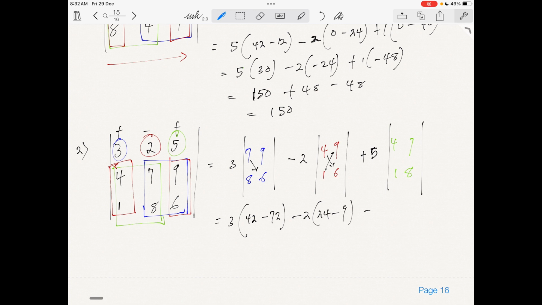Plus 5 into 4 times 8, that will give me 32, minus 1 times 7, and that will give me 7. So in that case, we have 3 into minus 30, minus 2 into 15, plus 5 into 25. After all these, our final answer will be 5.